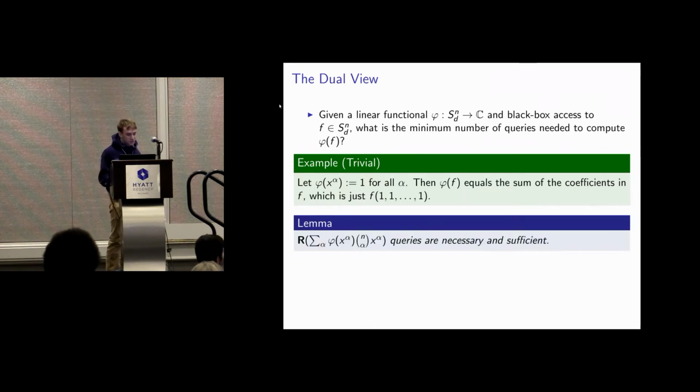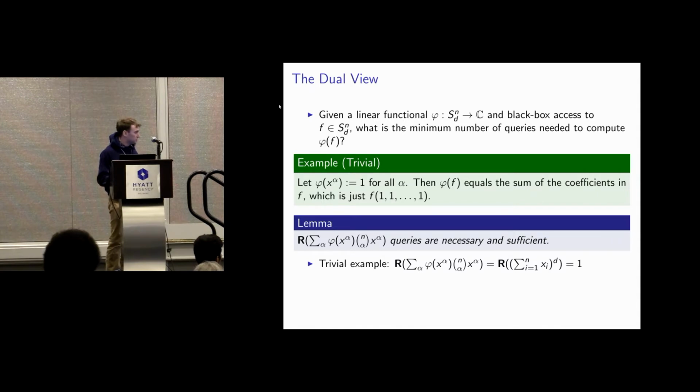And we show that in general, the number of queries you need in the black box setting is characterized by the Waring rank of some polynomial. In this polynomial, the coefficient of the monomial x to the alpha is given by the value of phi at x to the alpha times some multinomial coefficient.